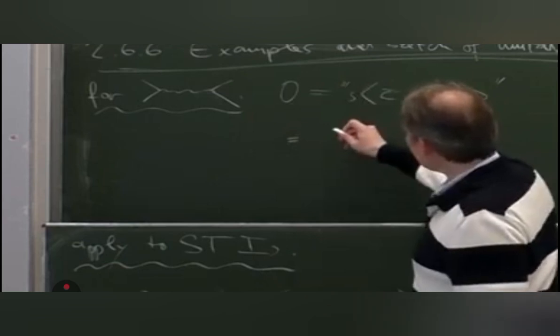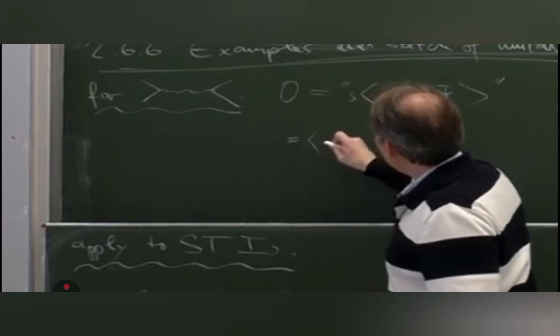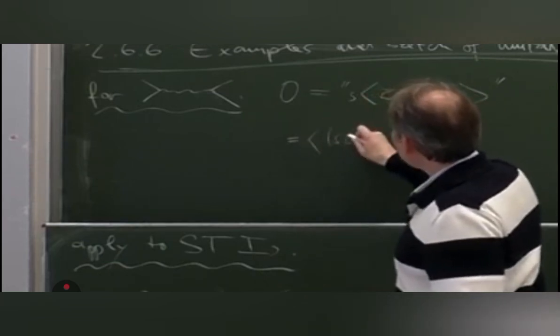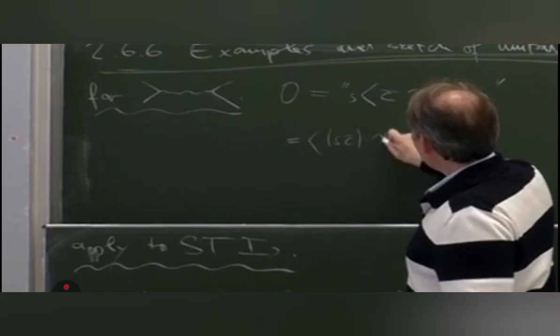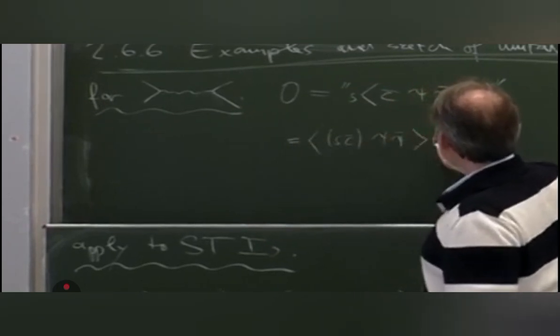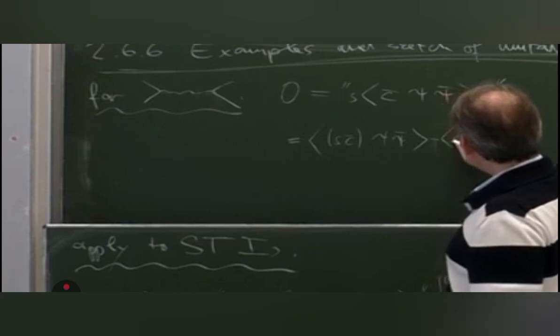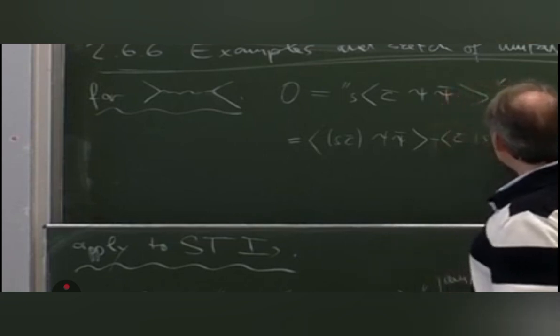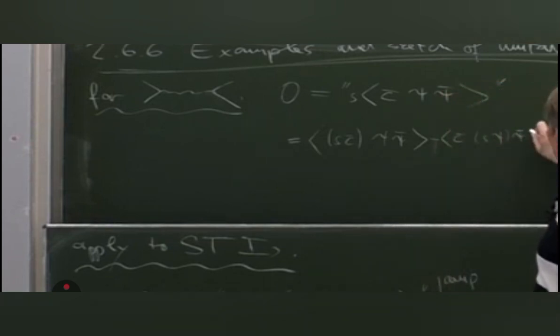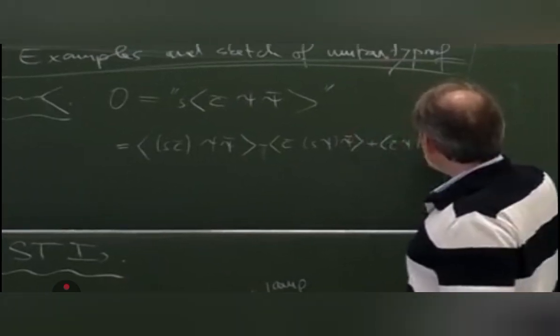We get one term where we have the BRST transformation of the anti-ghost times psi psi bar, plus a term minus, because of Fermi statistics, C bar times BRS of psi times psi bar, plus again C bar psi times the BRS of psi bar. And so the sum of these combinations is 0.